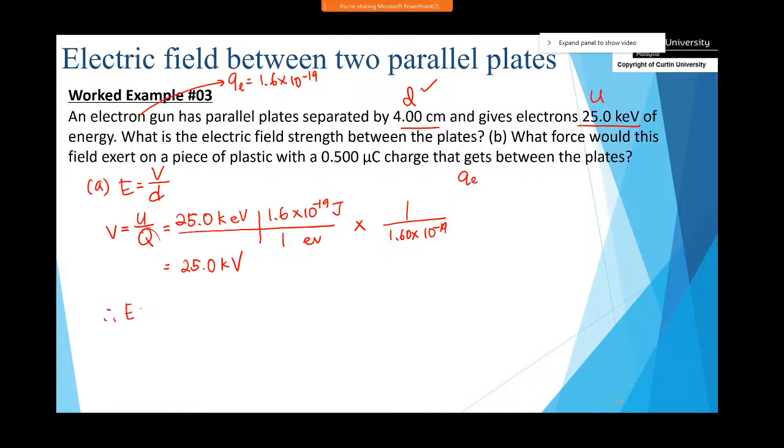To find your electric field, kilo times 10 to the power of 3 divided by the distance 4 centimeter, and the electric field is 625 kilovolts per meter. Or if you want to put newton per coulomb, it is also the same, but volts per meter is also acceptable.